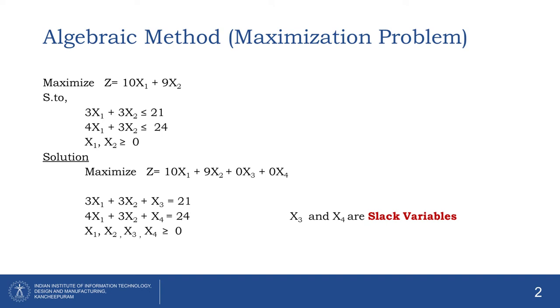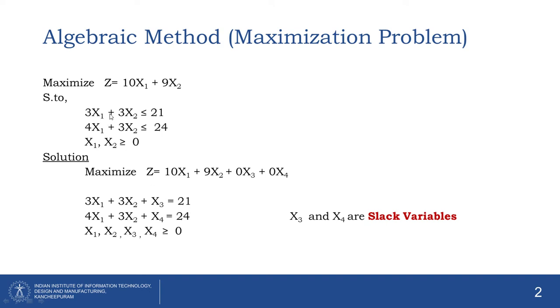So this is an inequality constraint, so we make it an equality constraint, that is, an equation. We add two variables, which are called slack variables.